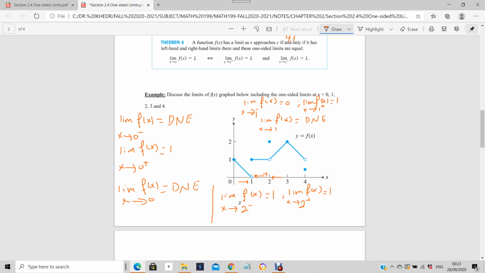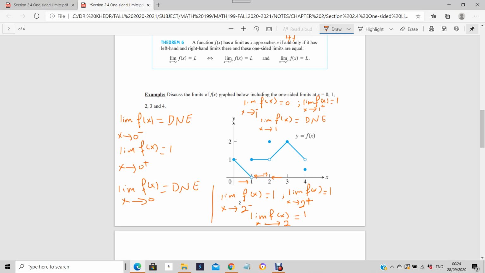So both the two-sided limits are equivalent to 1. So what we will say, lim f of x as x goes to 2 equals 1 now. Following theorem number 6 here above, if the two-sided limits are equivalent, then the function has the same limit as x goes to 2. Okay?